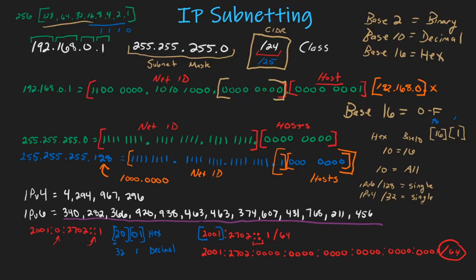Now we have to convert each of these into our binary. And if you remember, in IPv6, each octet is 16 bits instead of the 8 that we have in IPv4, so we have to make sure to take that into account. But first, let's do 32. If we look up here into our key that we made before, we can see 32, very easy. We have a 32 spot. So 0 128s, 0 64s, 1 32, 0 16s, 0 8s, 0 4s, 0 2s, and 0 1s.